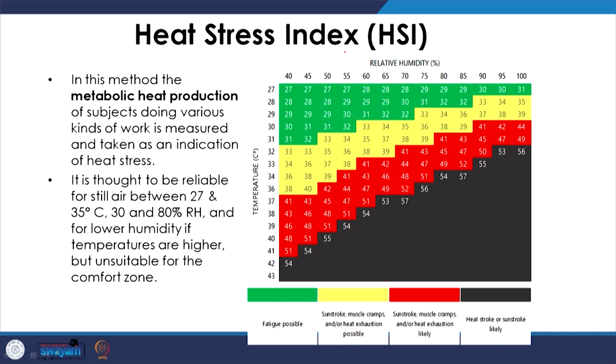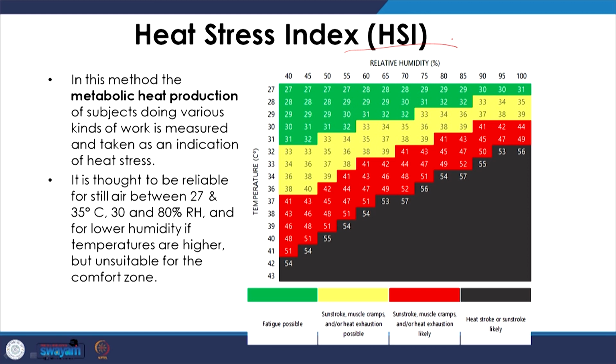Another one was heat stress index. So, we have seen that gradually from the initial thermal comfort indices where only the environmental parameters were clubbed together, gradually we started moving on to indices which had metabolic rate and clothing values integrated with the environmental parameters.